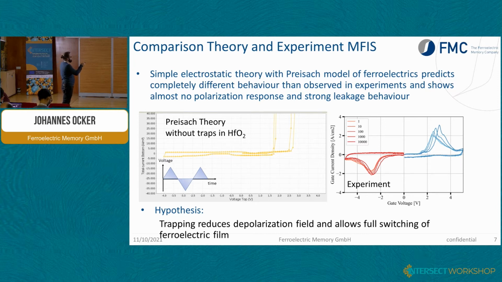But in the experiment, you see very significant switching peaks, and you can basically fully polarize the ferroelectric transistor. So obviously, if we just take the standard model of ferroelectricity and assume no traps, we have a very difficult time to understand this experimental data.